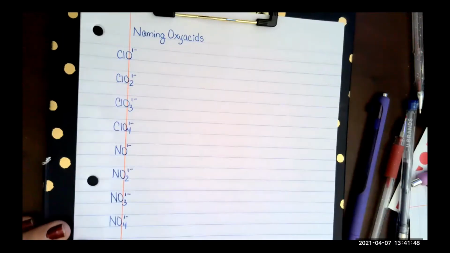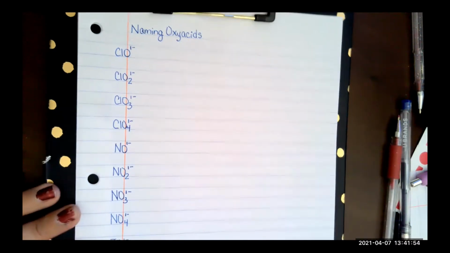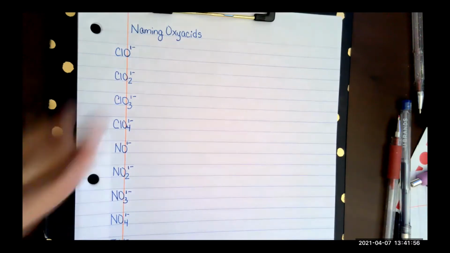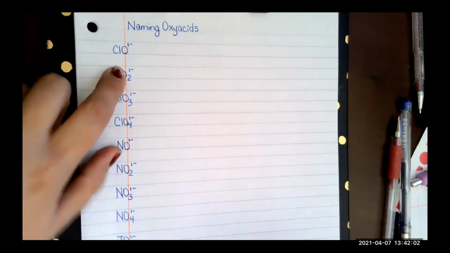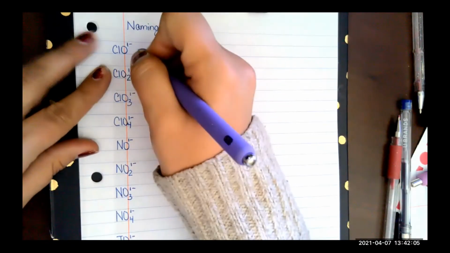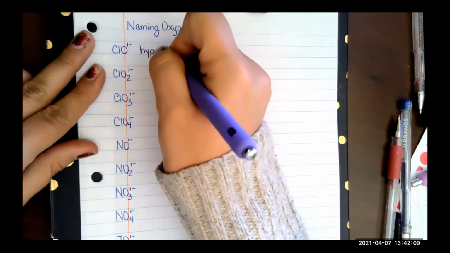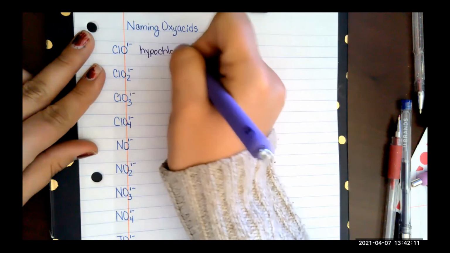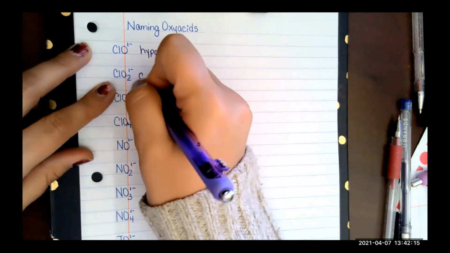Okay, so naming oxyacids, the basis of them are the names of the polyatomics. Like we did with binary acids and the root, we're going to go through with oxyacids and name the polyatomic. So ClO 1- is hypochlorite. ClO2 1- is chlorite.